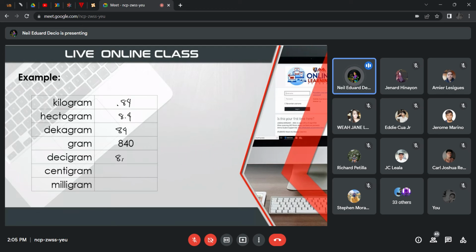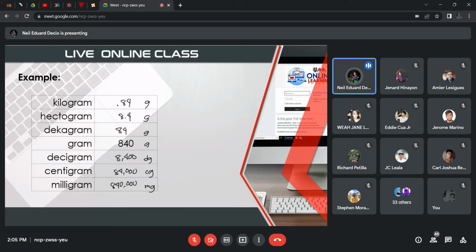So decigram is 8,400. Centigram is 84,000. And then milligram is 840,000. Ayan. So ito yung gagawin natin, gram to decagram, hectogram, kilogram, decigram, centigram, and then milligram.